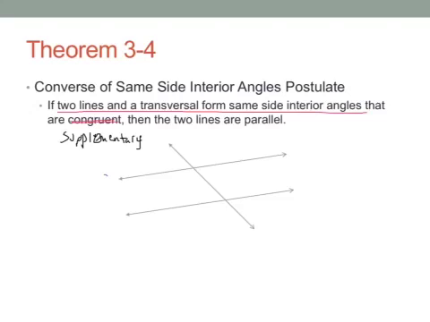So if we have line A, line B, transversal T, angles 1 and 2 here, if we know that the measure of angle 1 plus the measure of angle 2 equals 180, and we've got two lines and a transversal in this configuration, then we can prove that line A is parallel to line B.